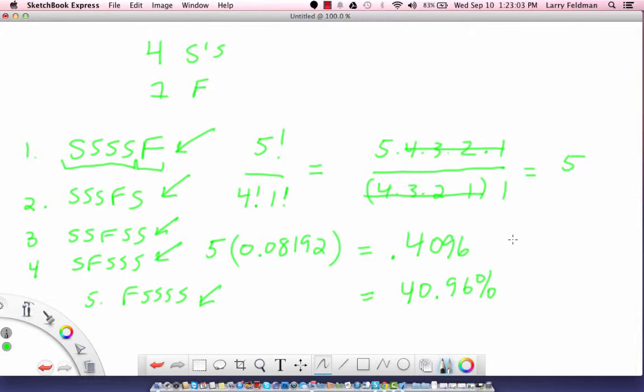Now let's generalize this entire result. So let's clear the slate and look at this mathematically for any type of independent event problem. Okay, so in the basketball problem, we looked at a case where we had n trials, and in that case there were 5 trials, or 5 free throws.